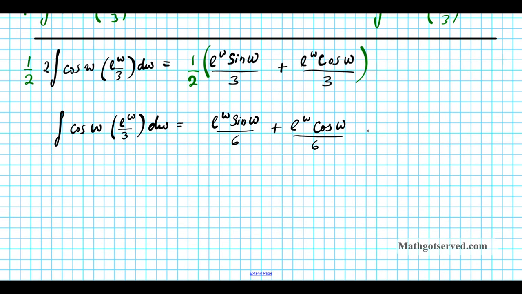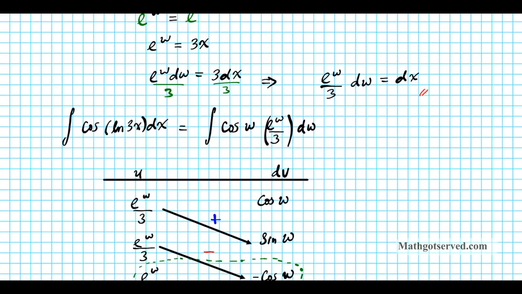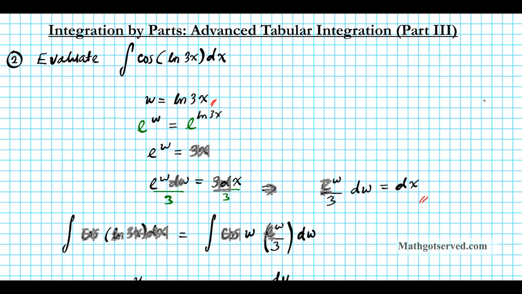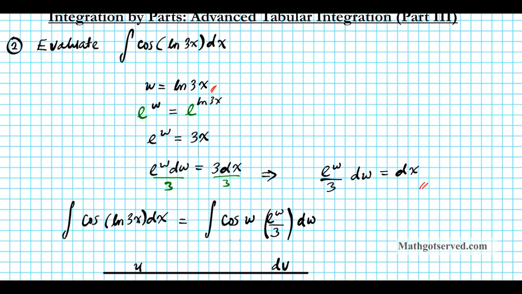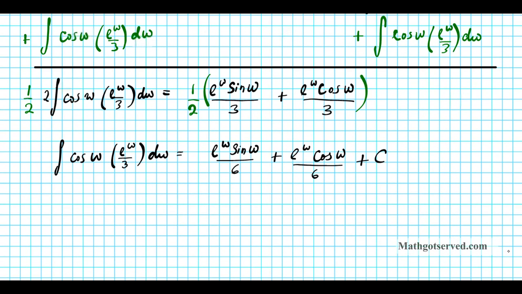Okay, just multiply the denominators plus c. So the question now is, are we done? The answer is no. Remember, the original problem was in terms of x, so we have to substitute our w equals ln 3x back into our equation and simplify it as much as we can.